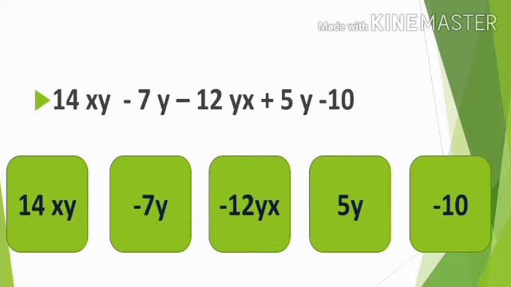Also, minus 7y and plus 5y are like terms. But we can't group the terms 14xy, 7y and minus 10 as they do not have the same variables, thus called unlike terms.